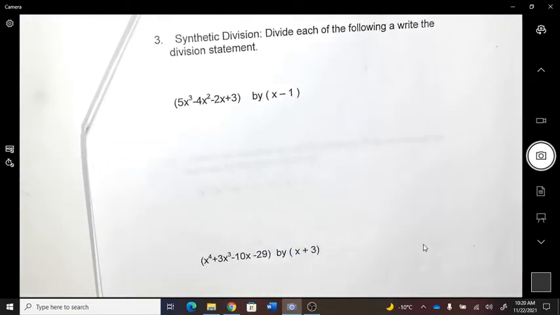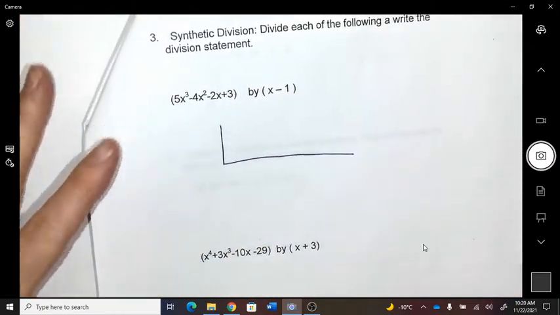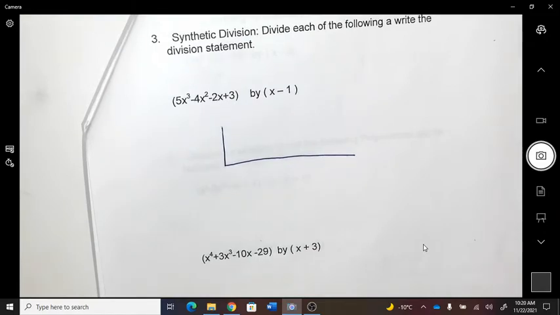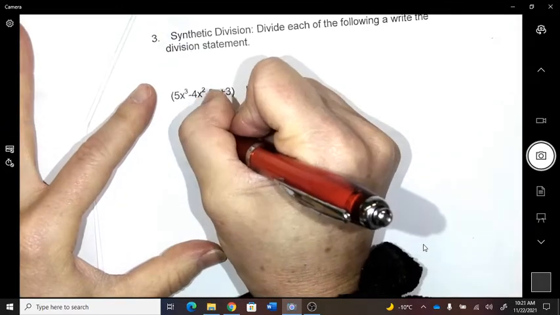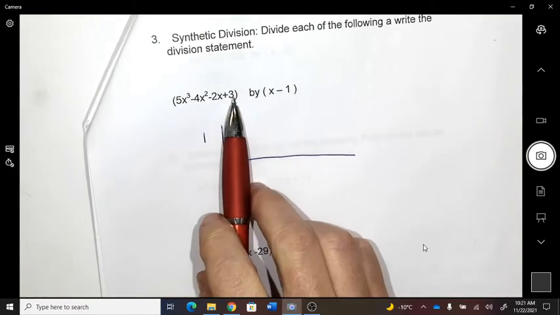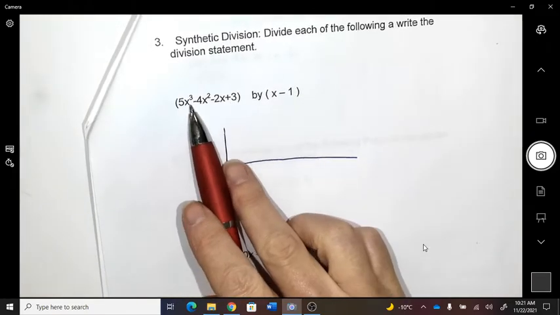okay, synthetic division. Let's divide. Okay, so I'm going to put a +1. Looking at my polynomial, is there any missing spots? Is there any missing, or are we good? We're good.